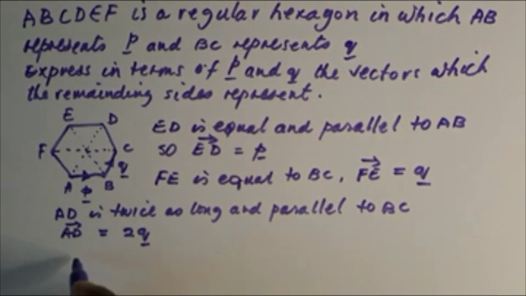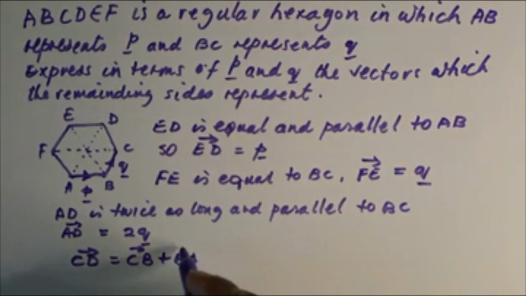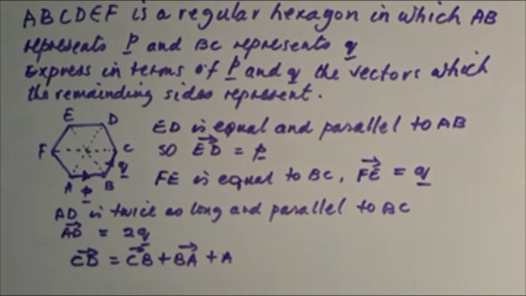But what we have is the relationship that CD is equal to CB added to BA, together with AD. I'll say instead of added, we'll use the plus sign. And now we can replace these with the vectors that they represent.